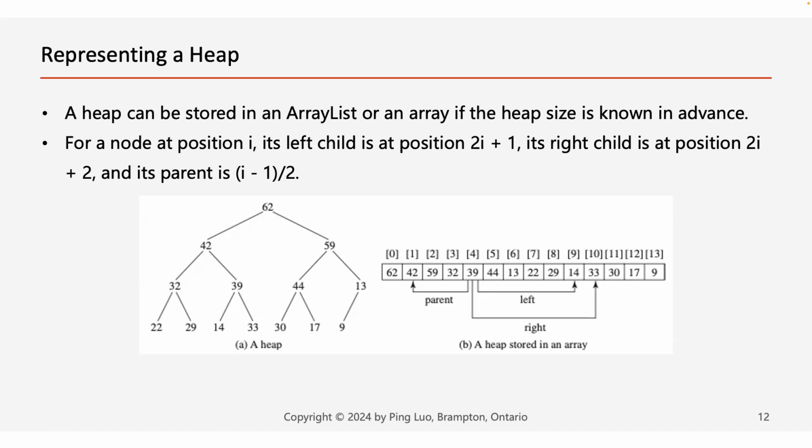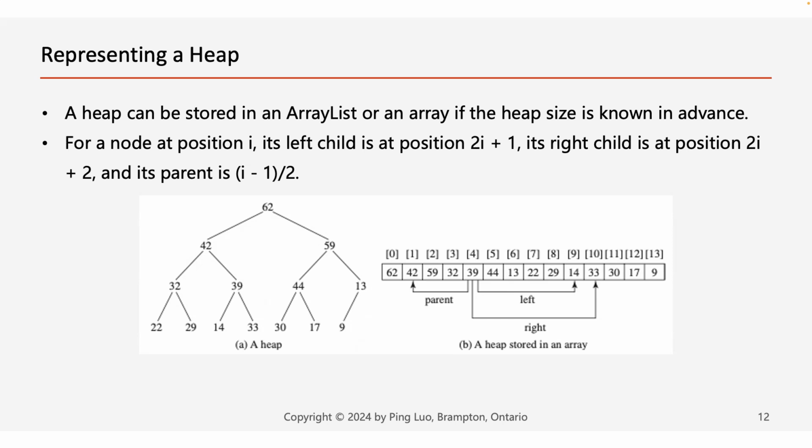Although 44 is a child of 59, and there are two cells separating them, we can use a formula based on the index to compute what its children and parent are. That's also why complete is very important.